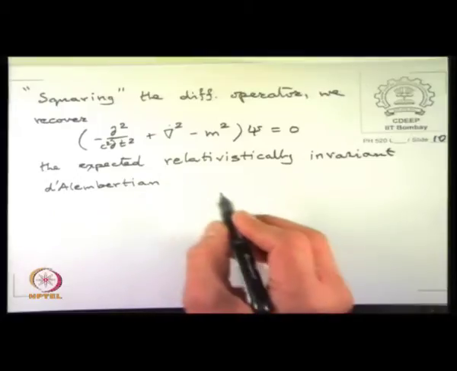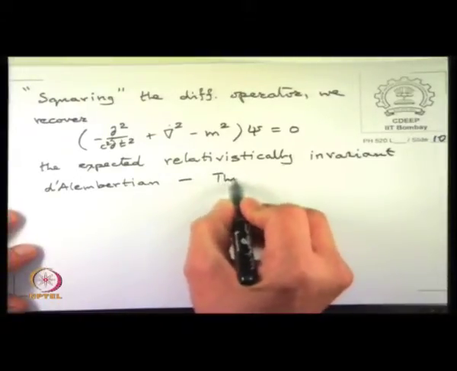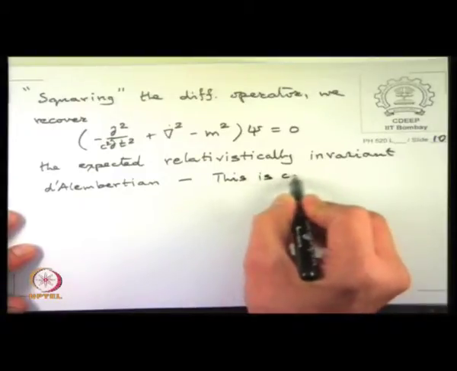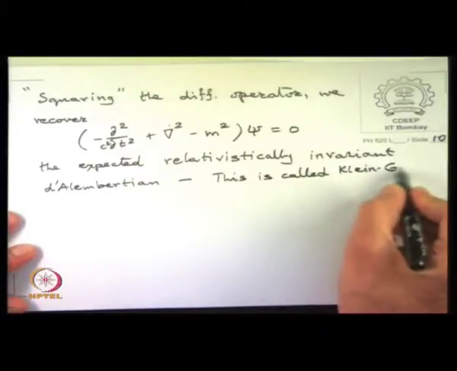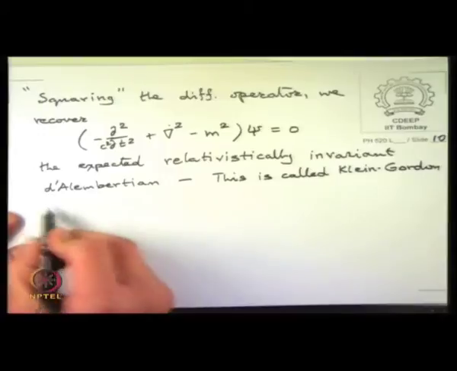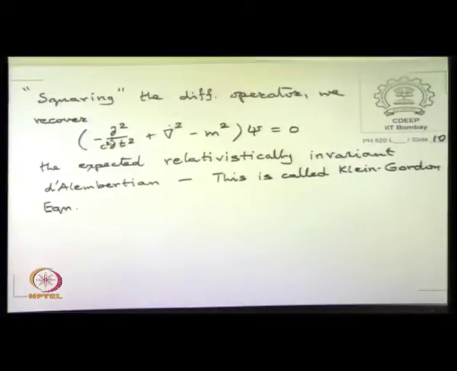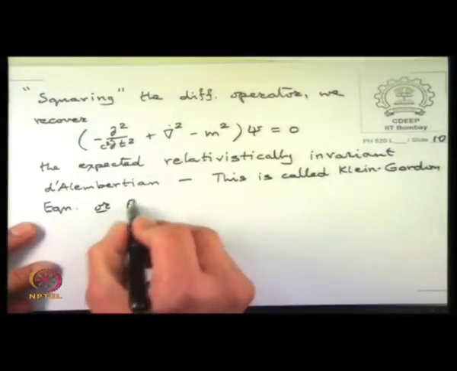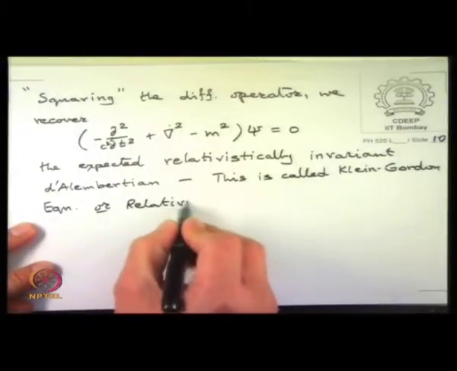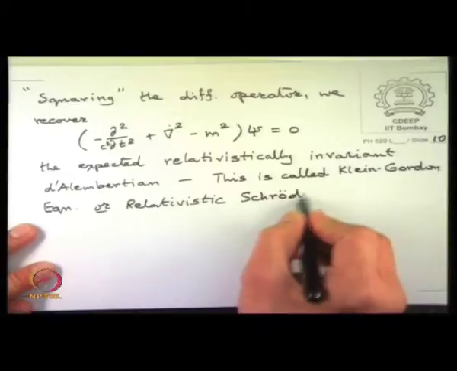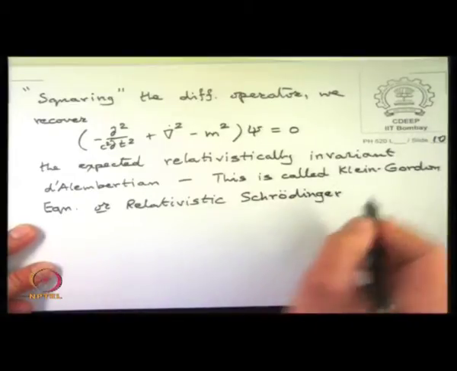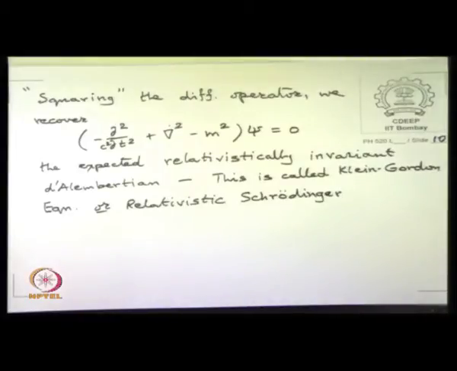So this is sometimes called the Klein-Gordon equation. But it should more correctly be called the relativistic Schrodinger equation. So you might wonder why Schrodinger put i d by dt equal to minus grad square.